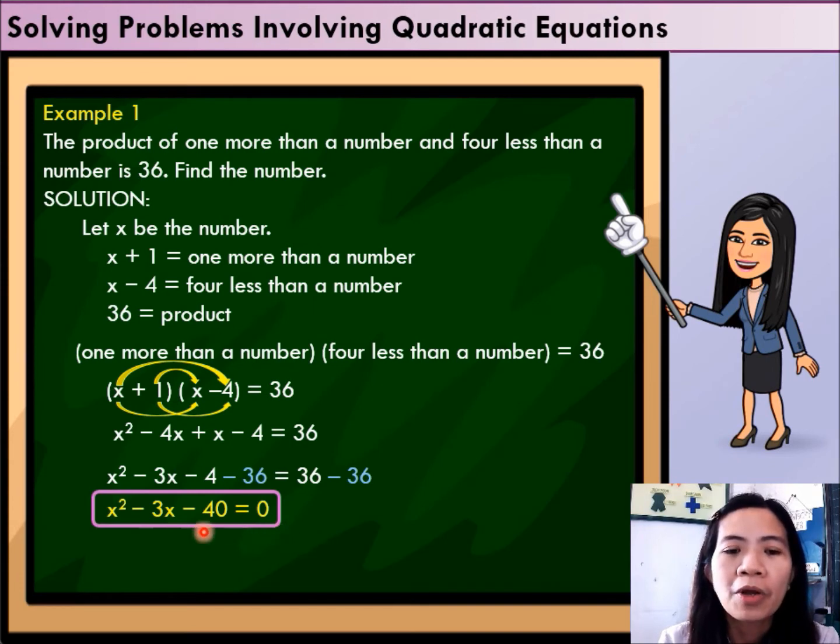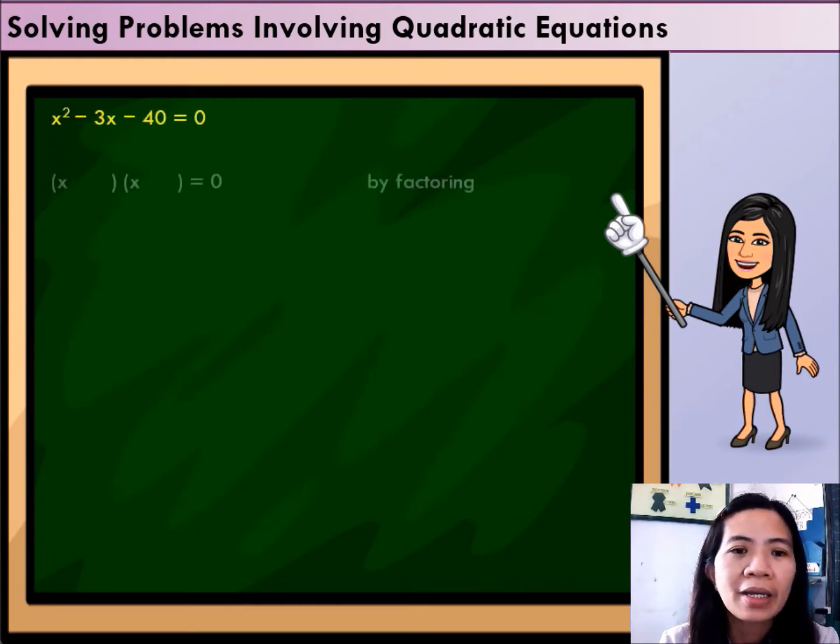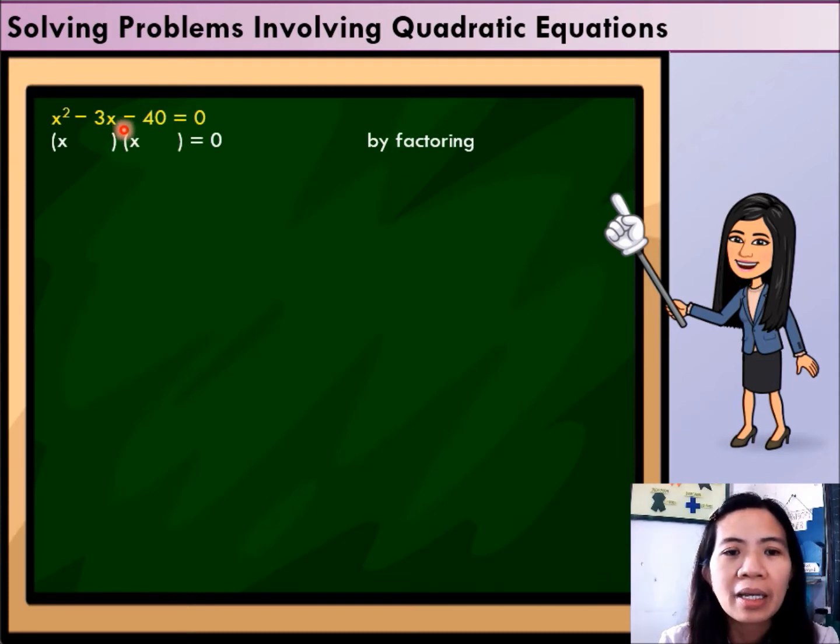Okay, so from this equation, we're going to solve for the roots. Given this, we are going to solve by factoring. Now, what are the two numbers whose product is negative 40 and whose sum is negative 3? Okay, so what are the two numbers? It is positive 5 and negative 8.